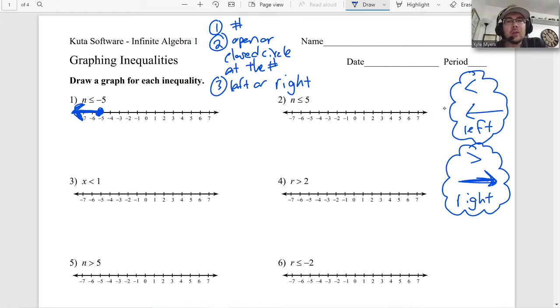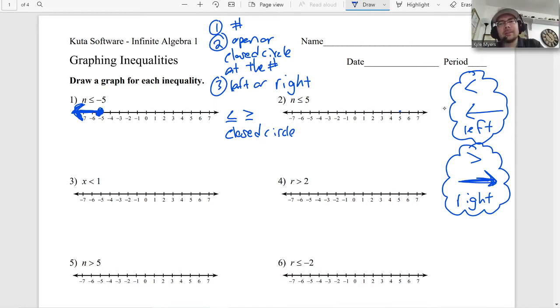We know the number is -5, so that's right here. And we need to know whether it's an open or closed circle at the number. It's either going to be like this or like this, which means it's a closed circle. If you see a little bar underneath the inequality, that means it says "or equal to."